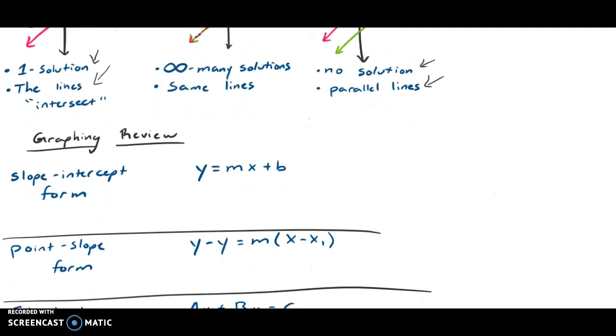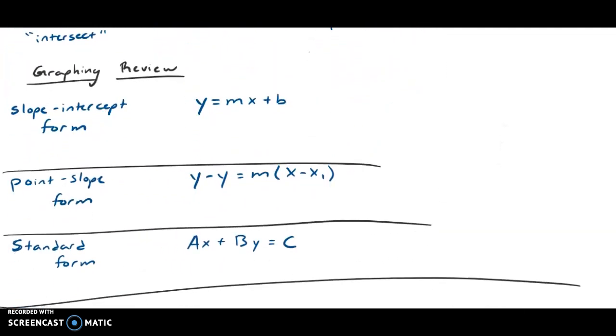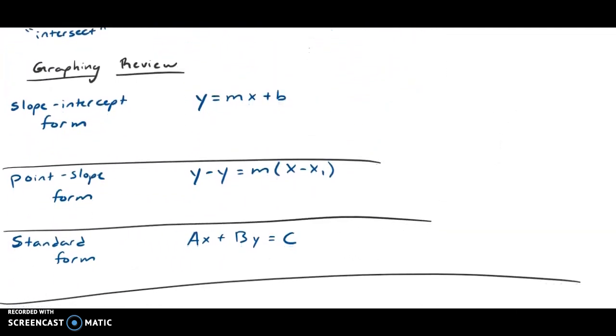So let's do a quick recap of how to graph each form. Slope-intercept form is y equals mx plus b, where your b is your start at 0, b.